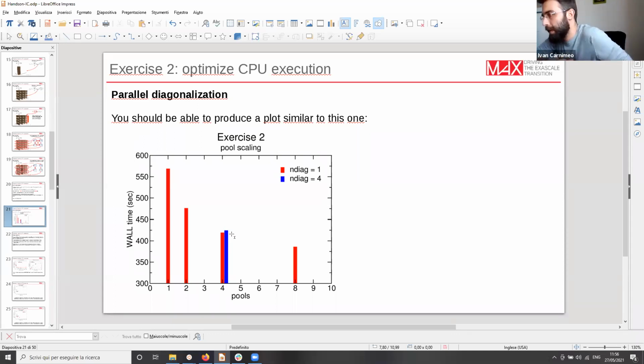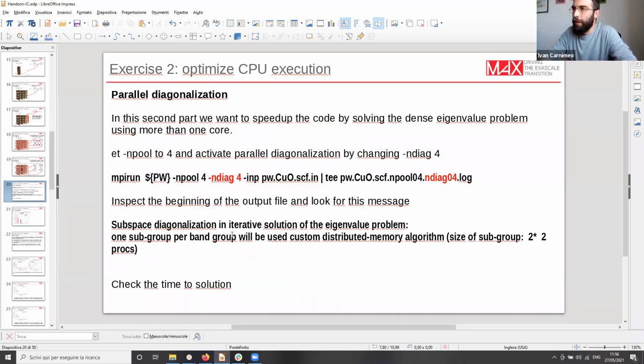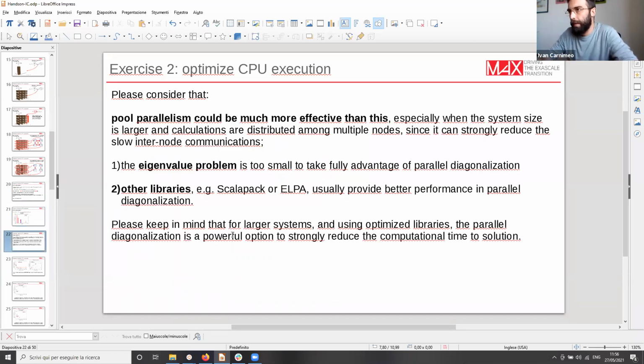This is because the system is too small, and also because we are using the internal Quantum Espresso libraries for parallelization. There are other libraries like ScaLAPACK or ELPA, which Pietro told us before, that can really efficiently do this parallel diagonalization work.